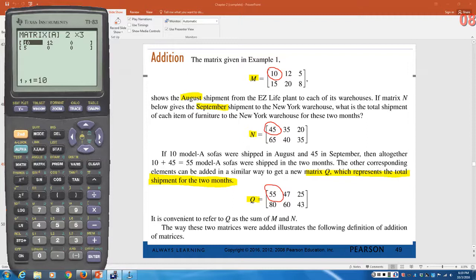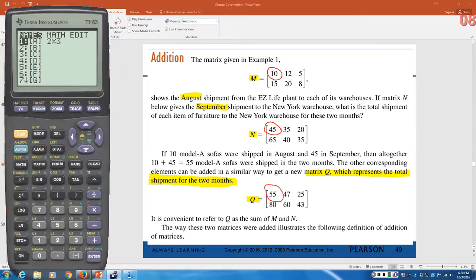So it's going to be 10, 12, 5 for row 1, and 15, 20, and 8 for row 2. And then we'll quit because you can't do anything once you've edited the matrix. You better go on out to the home screen before you go any further.